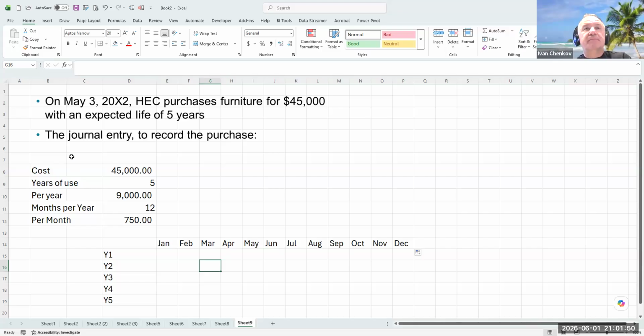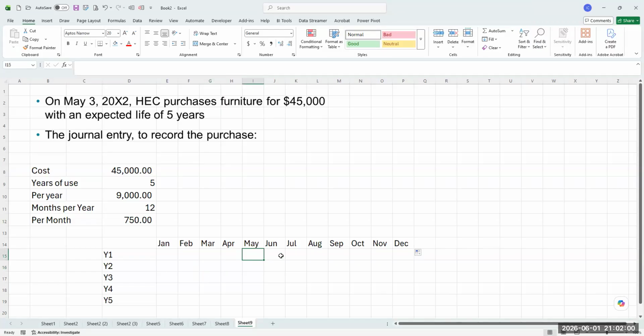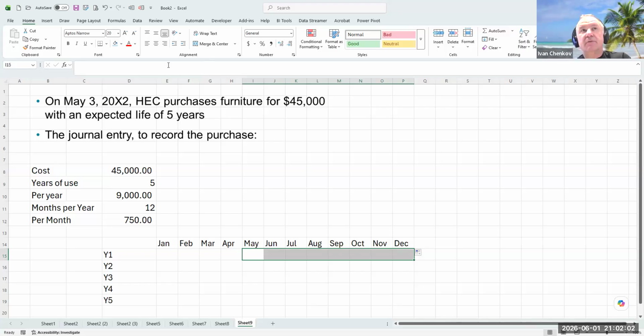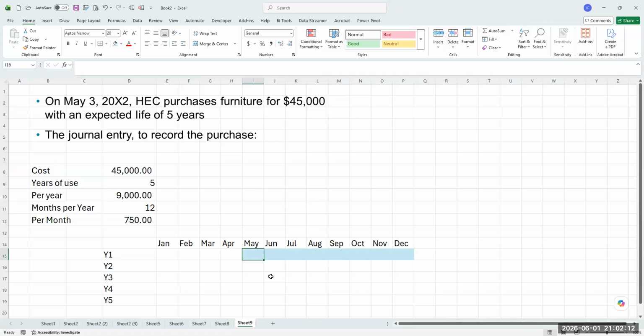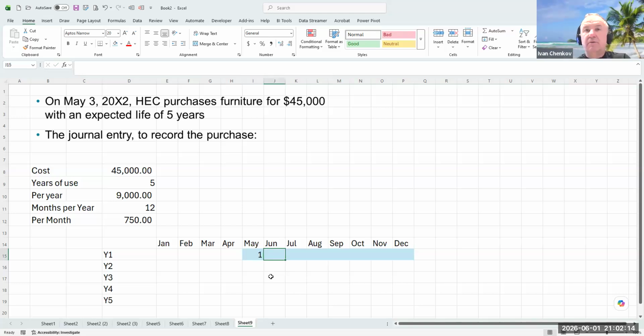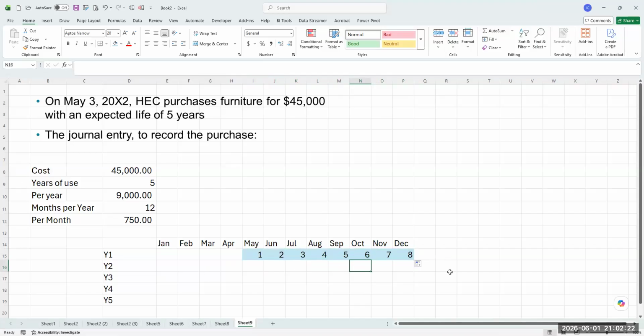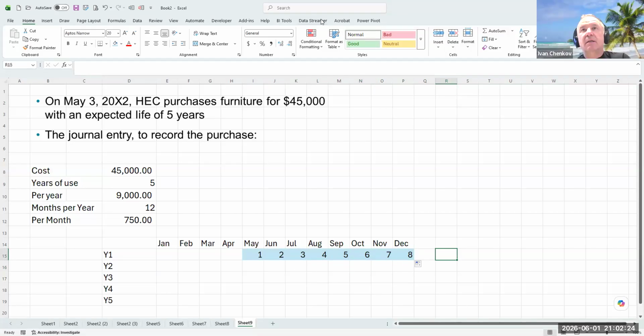So now the question is, when did we purchase this asset? On which month? In May, correct? If I have to take amortization for the first year, for how many months will I have in the first year? Let's see, 1, 2, that's 8 months. So how much will my total amortization be at the end of the first year?